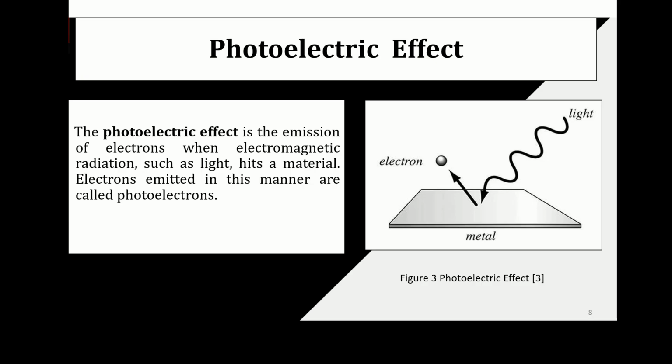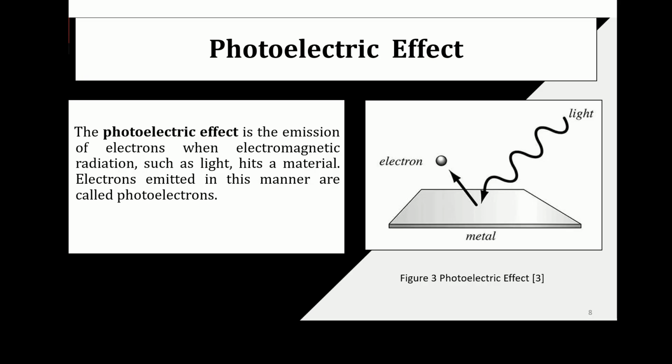We know the metal consists of electrons, but those electrons are inside the metal and are not free to move outside its surface. They are bound to the metal with some binding energy. So when light comes, if this light has energy greater than the binding energy of that electron, then the electron will be ejected.